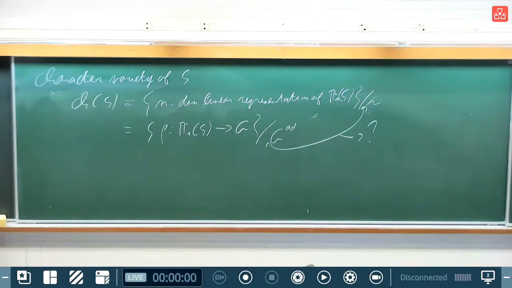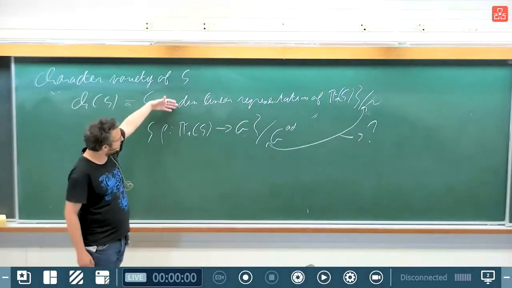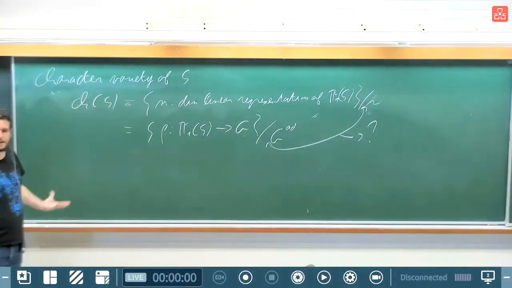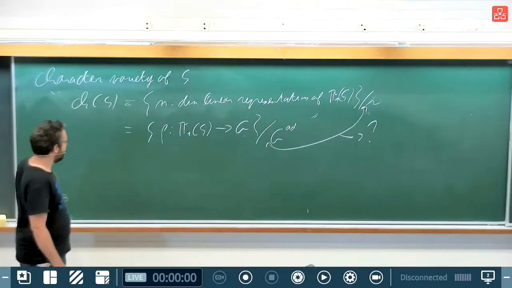One of the main features of these character varieties of surfaces is that they are very interesting objects. By definition, they are the crossroad of topology and algebra, because we're studying representations. And this character variety, as the name suggests, is not just a set, but a geometric object, so there is some geometry involved as well.